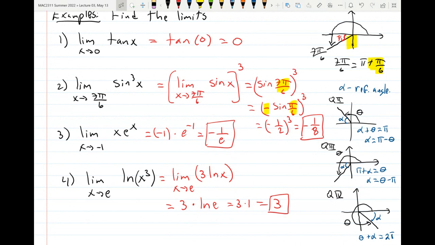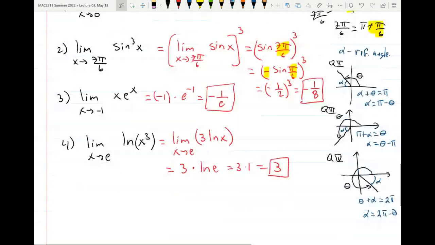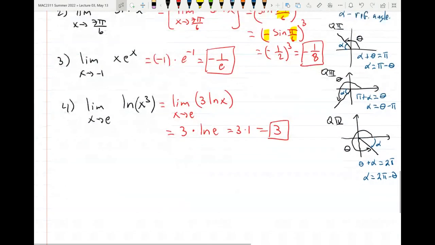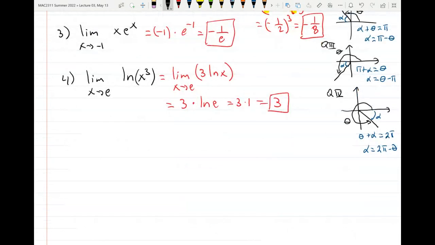But what if we get in trouble when we plug in? In other words, what if we plug in a value and we get something that we cannot compute, like something divided by 0 or 0 divided by 0? What do we do in situations like those, in which just evaluating is not enough?